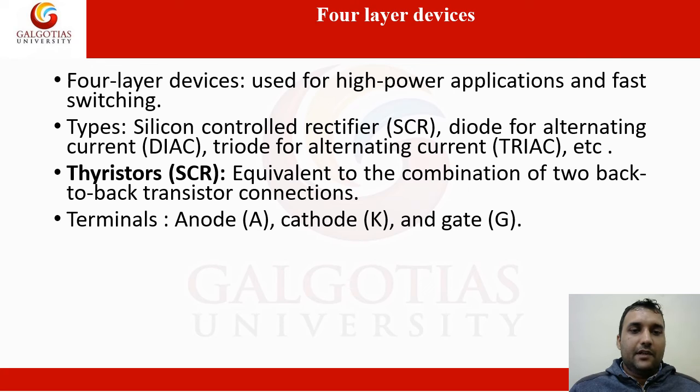The types are silicon controlled rectifiers and diodes for alternating currents and triodes for alternating currents, that is TRIAC, DIAC, etc. The thyristor is equivalent to the combination of two back-to-back transistor connections, and the terminals are anode A, cathode K, and gate G.